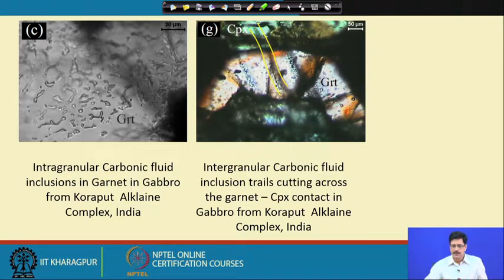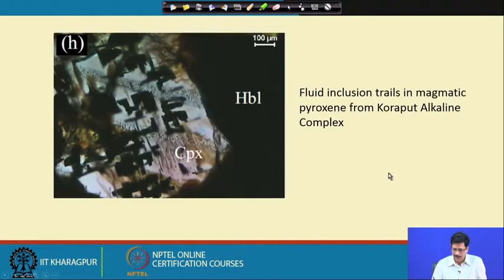And if we can somehow establish the time relationship and look at the inclusion characteristics, then we definitely can tell something about the metamorphic evolution of this particular rock. And this is just an example: an inclusion trail in a pyroxene from the same Koraput alkaline complex.